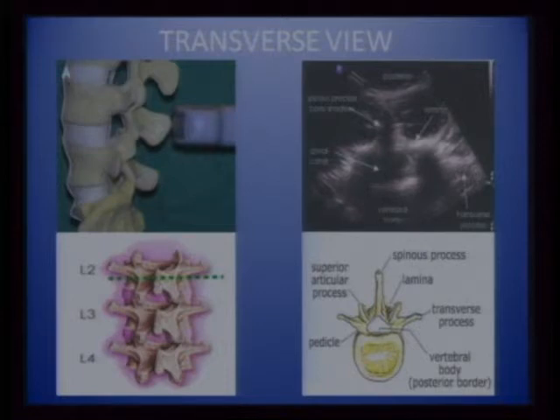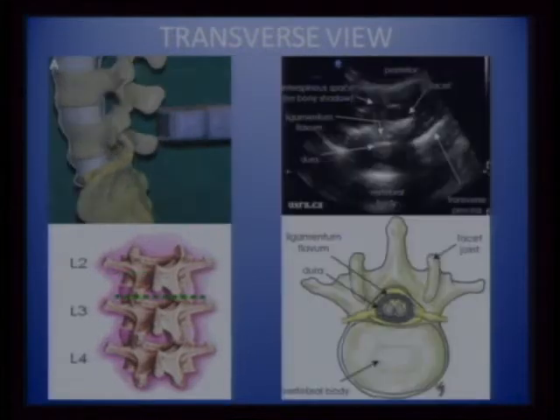And if you go farther away, you will see the transverse process here. And this hollow is where you will have the spinal canal, and that will be your vertebral body. You just have to correlate that with this picture below. So this is when you insonate on top of a spinous process.